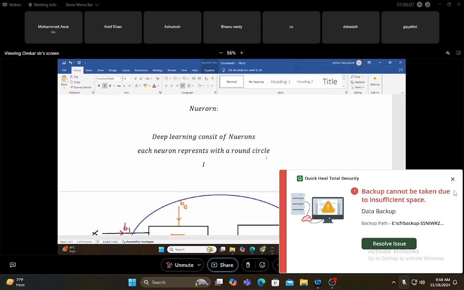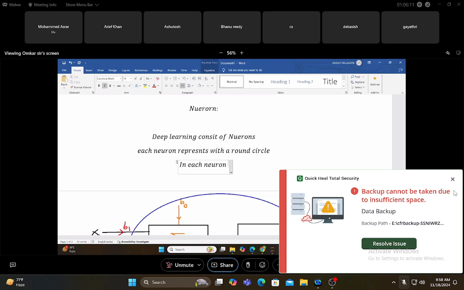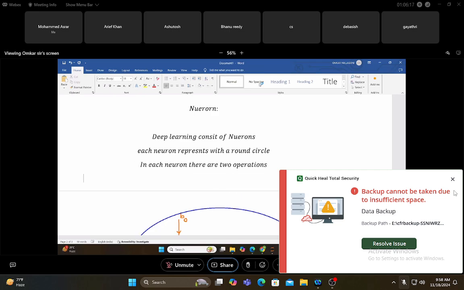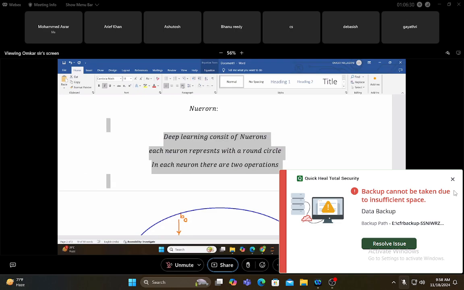In each neuron, two operations will happen. One is summation.